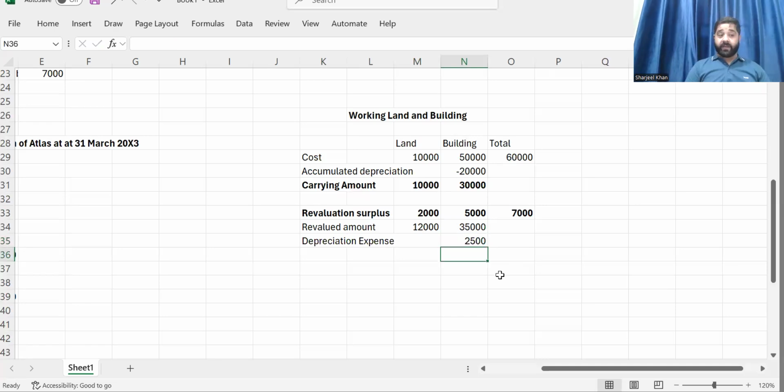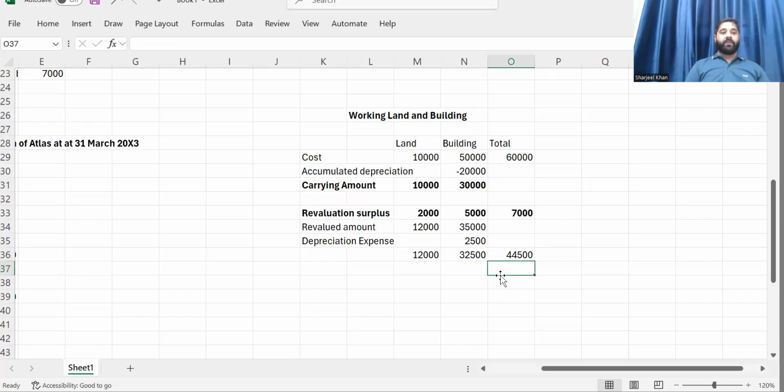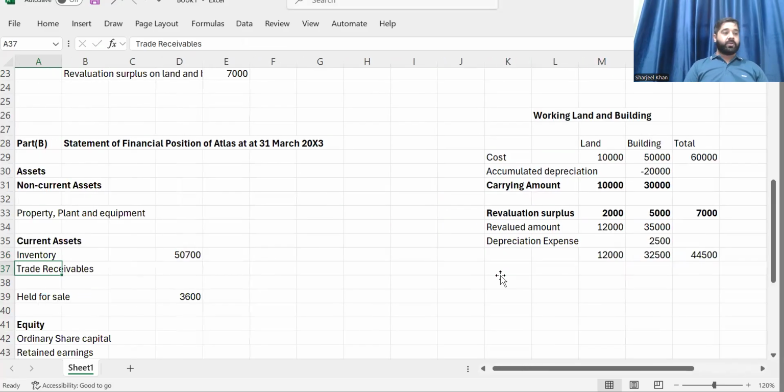So it is 2,500, and the carrying amount at the year end will be 32,500 for the building, 12,000 for the land. So the total carrying amount for the land and building is 44,500. You can show them separately here as well, right?